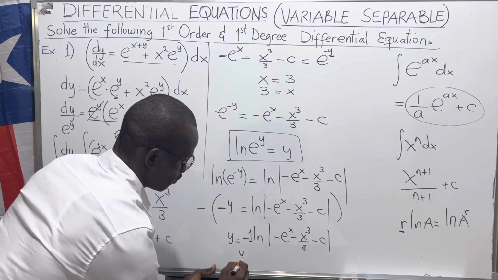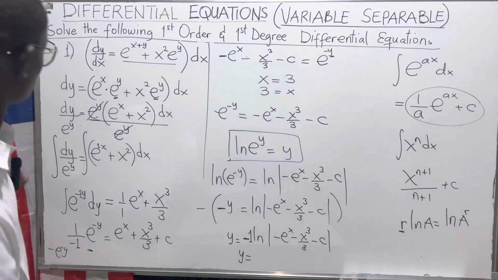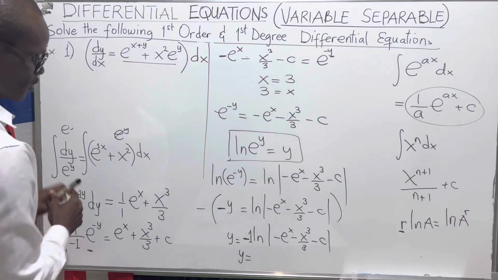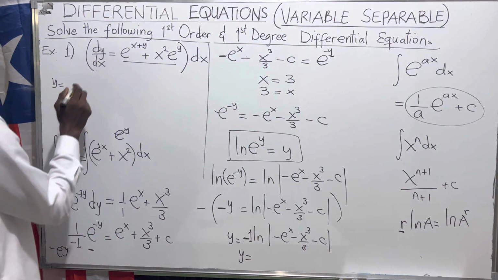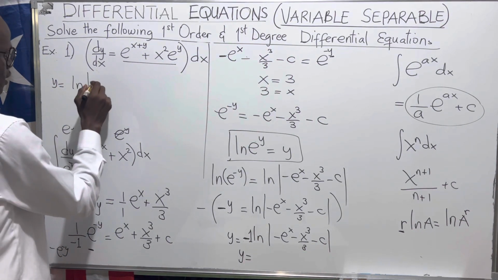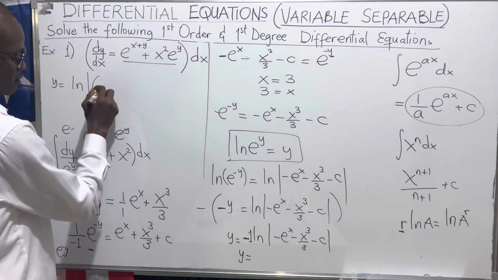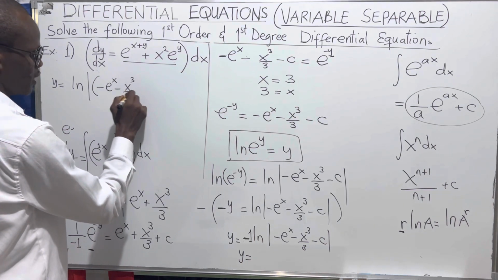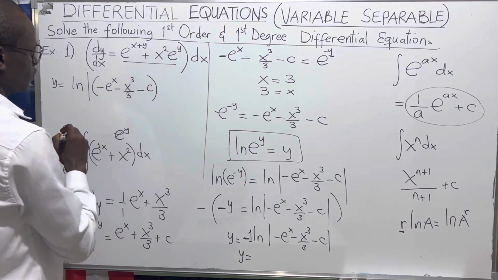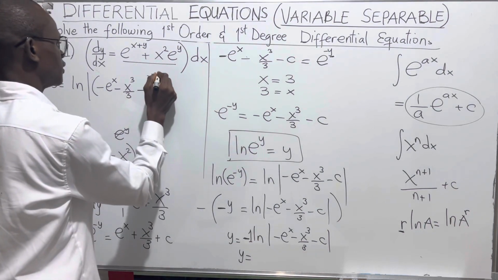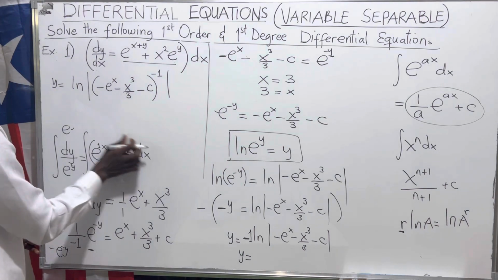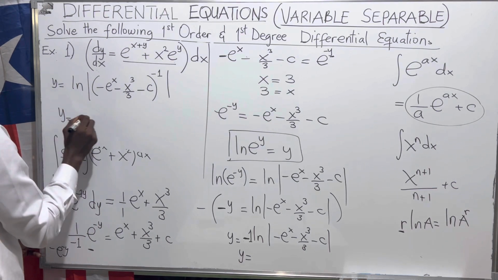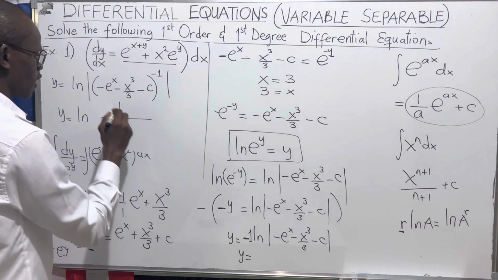So if we send it up, it will be y equals ln of, putting that expression in parentheses, minus e raised to the power x minus x cubed all over 3 minus c. And then this minus 1, we send it to this power. We know that when the power is negative, we can reciprocate. So this now becomes ln of 1 all over.